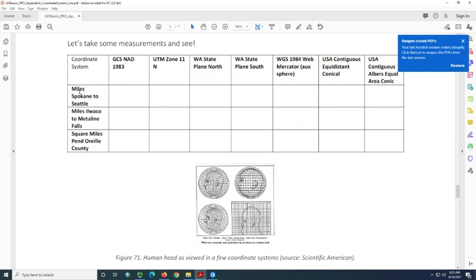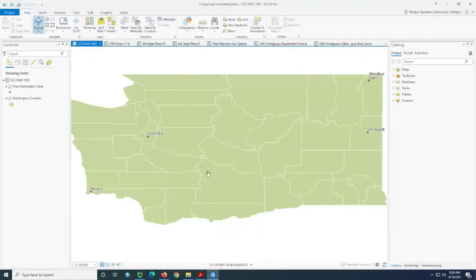A straight line horizontal, so miles from Spokane to Seattle, and then a diagonal from Ilwaco to Metaline Falls, and then we're going to look at the square miles in Pend Oreille County to look at area. So we can visualize the shape distortion, but let's look at some distance measures in an area. All right, so here's our measure tool.